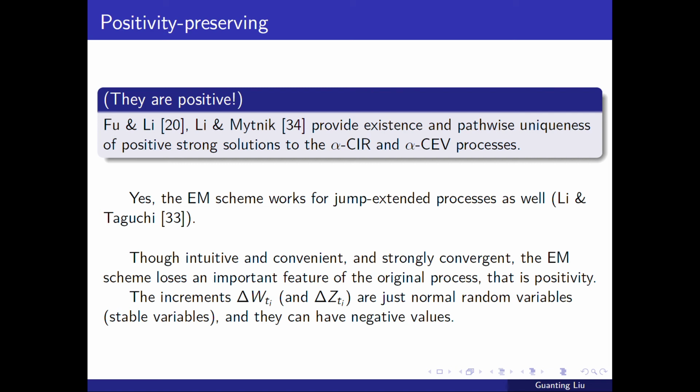So although the original jump stochastic processes are positive, and although the Euler-Maruyama scheme is strongly convergent, the fact that the scheme can give out negative steps from time to time is at the very least an inconvenience.